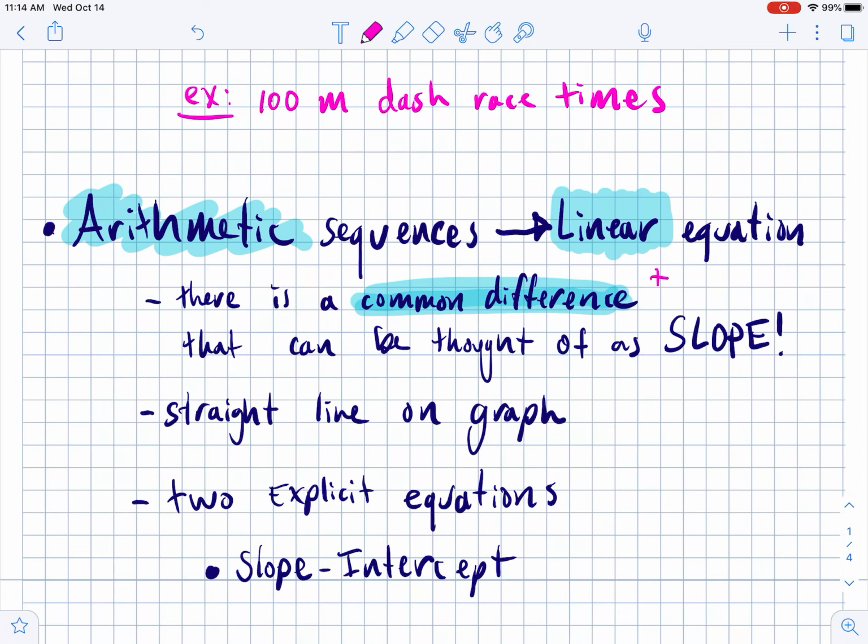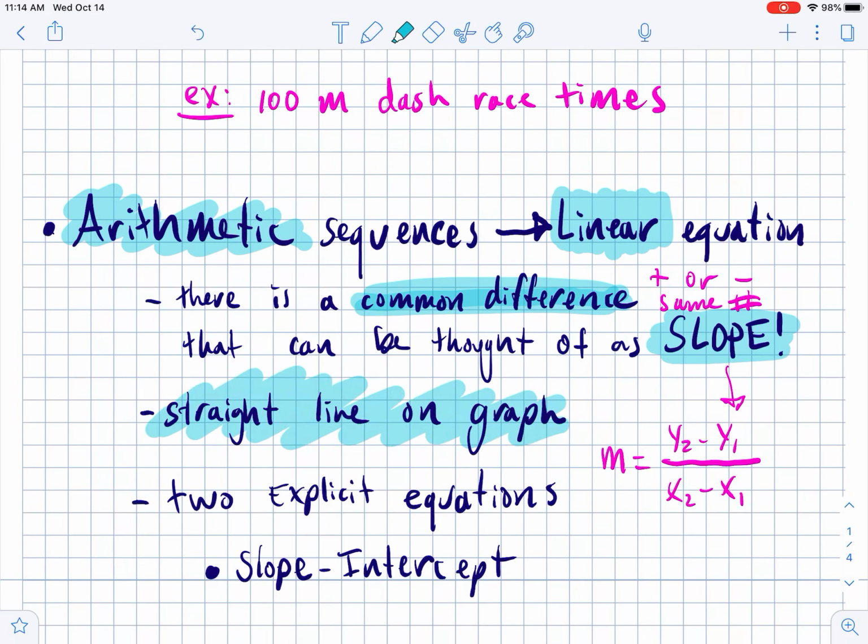They're still going up or down by the same number each time between terms. You can start to think of this common difference as like the slope of the equation, and we have some ways to find slope. Just in case, our slope equation is y2 minus y1 over x2 minus x1.